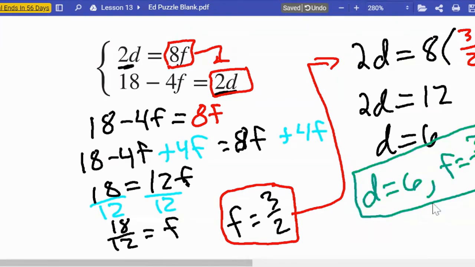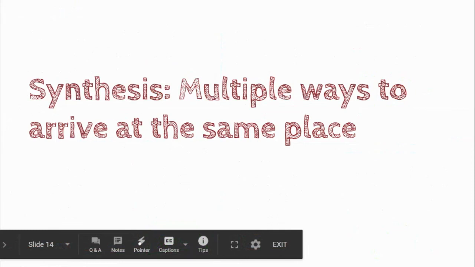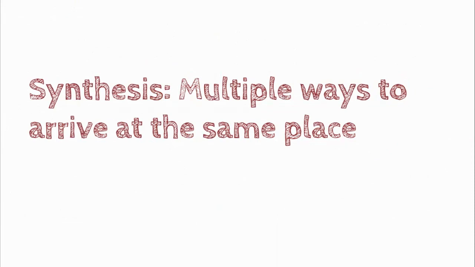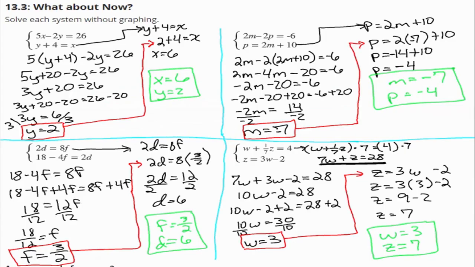And again, make sure we are substituting this into the original equation to check our work. Just like with the last activity, there's multiple ways to arrive at the same place when solving systems of equations. Just because you don't have the way that I used here does not mean your way is incorrect. Now is your chance to pause your screen and compare your work.